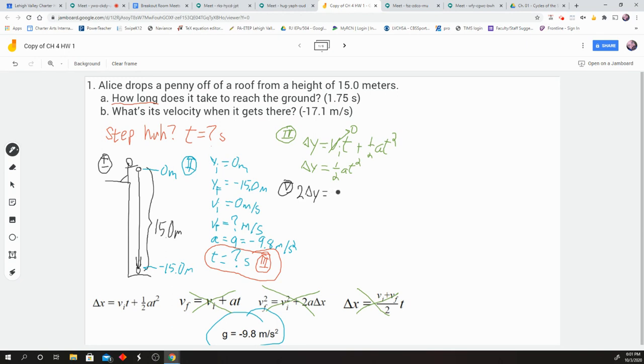So on the right side at this point, I have a t squared. So I'm getting closer. Now I want to get t by itself ultimately. So I'm going to divide both sides by a, and that will give me 2 delta y over a on the left, and this is equal to t squared.